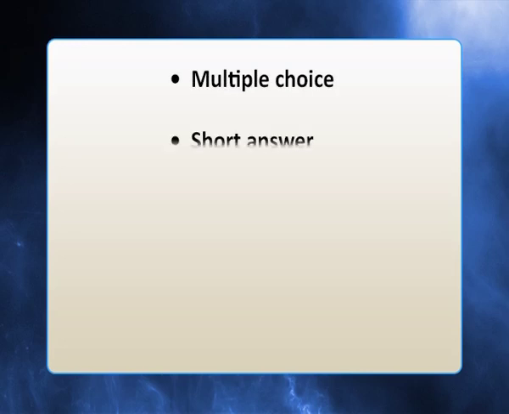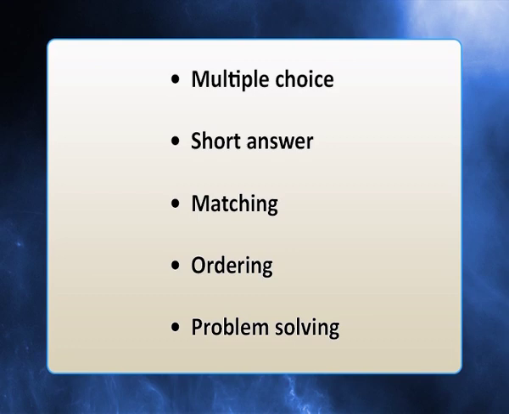Written tests can be made more accurate by including several types of assessment instruments: multiple choice, short answer, matching, ordering, and problem solving. These types of questions can be answered to elicit and evaluate how much has been learned.